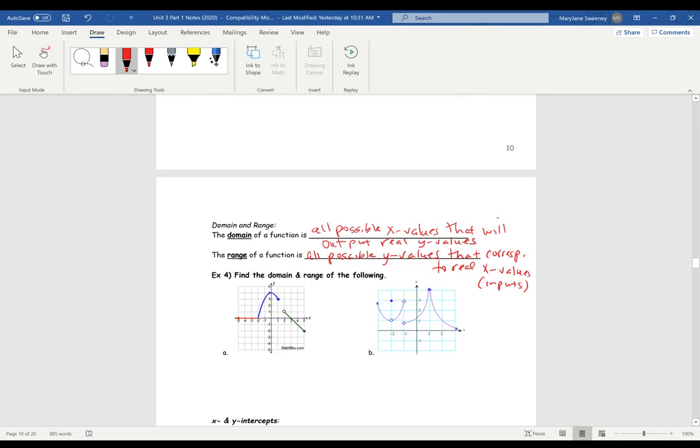All right, so for domain of the following function, we have that red line there. So -infinity going over to 1. Then there's a little break.